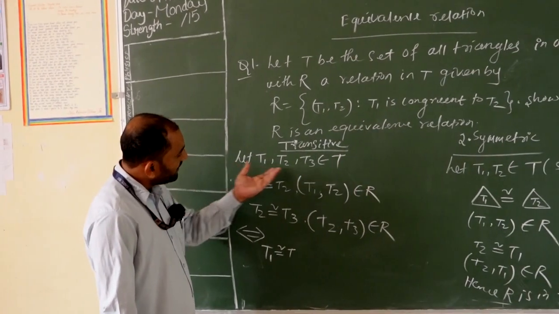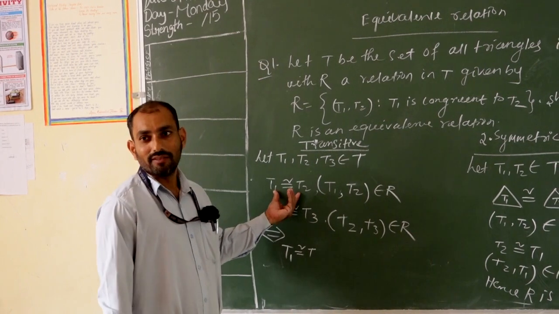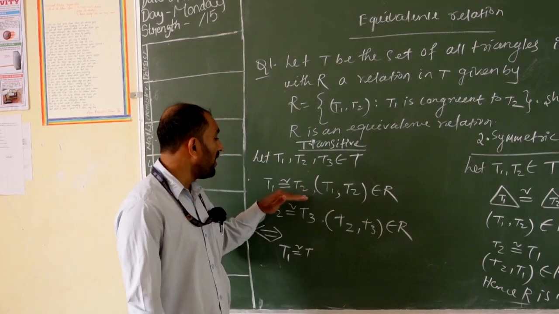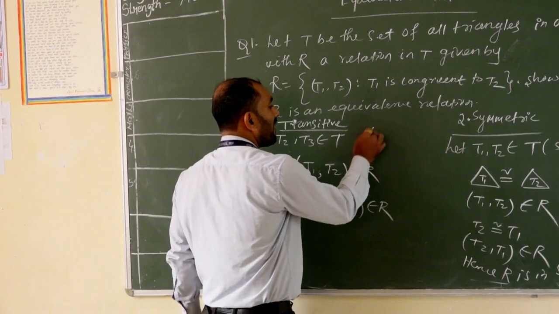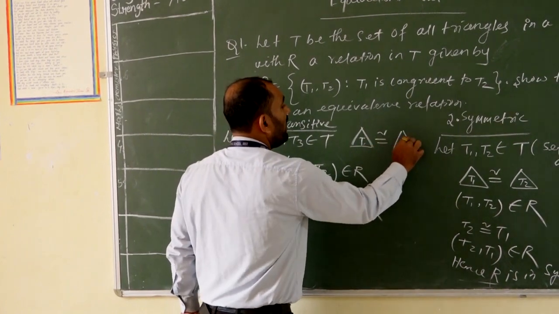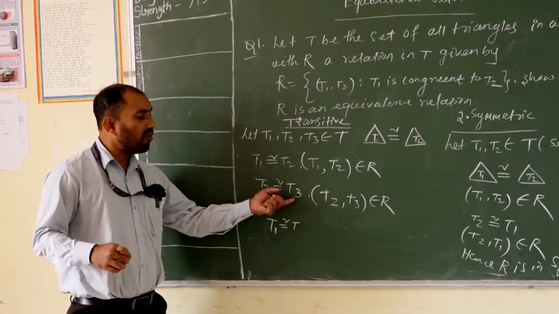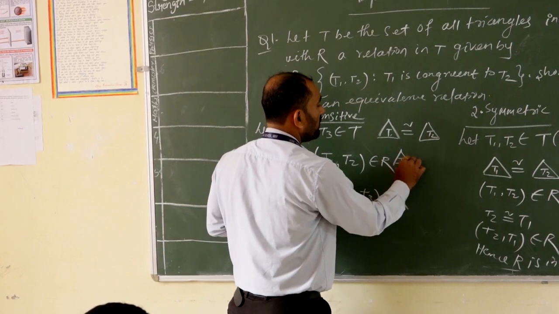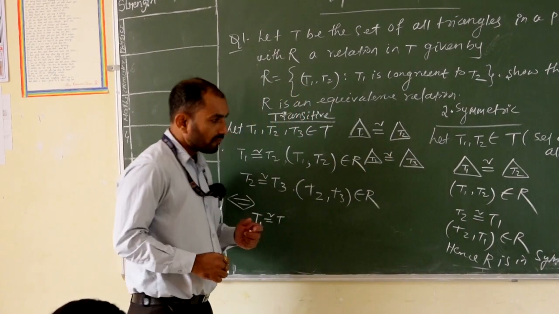From these three triangles, T1 is congruent to T2, and again T2 is congruent to T3.